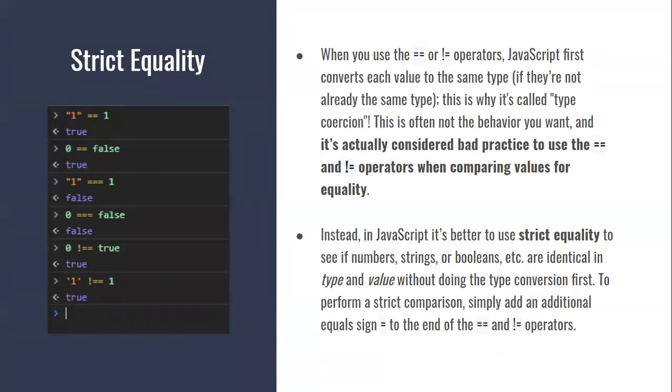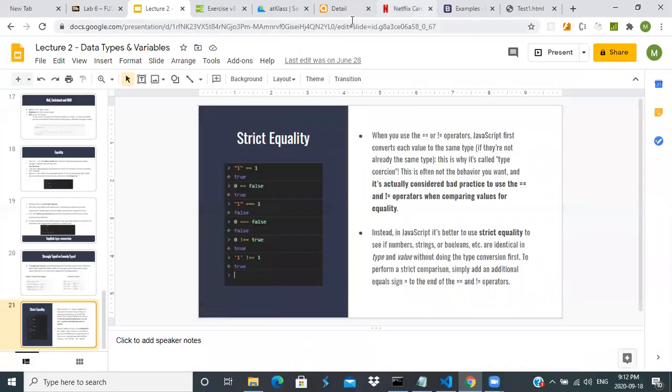So I eliminate this whole block of code that we just talked about with conversion because I don't want to deal with that. I always use strict comparison. So in JavaScript, it's better to use strict equalities to see if numbers, strings, and booleans are identical in type and value without doing that conversion first. To perform the strict comparison, we use the additional equal signs. And then all makes sense in the world, in a sense, for a little while.